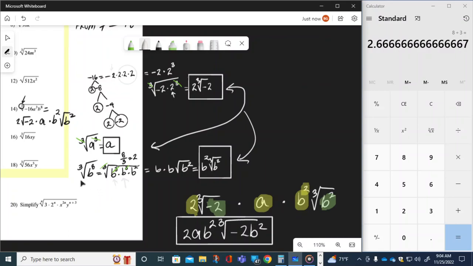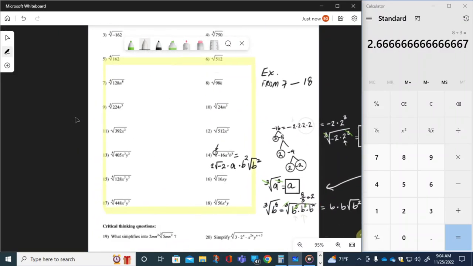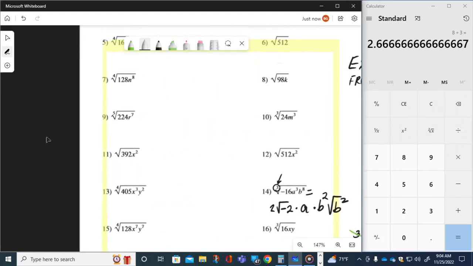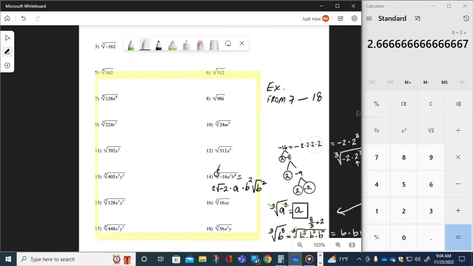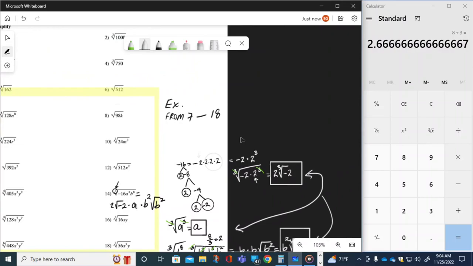Okay? I'm gonna go ahead and do one more. We'll do a simpler one. Let's do number 9. We will do number 9 over this side of the board, so we'll have space. Okay. So this is the 5th root of 224 r to the power of 7.